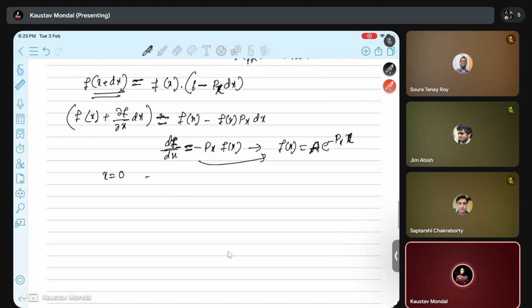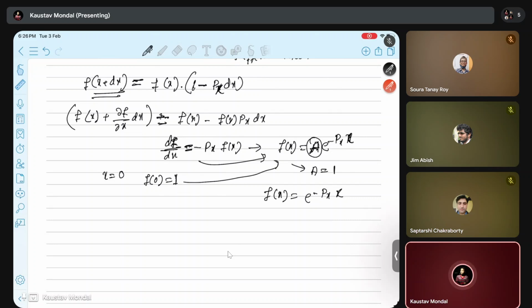So f(0) is 1 at x equal to 0. If you plug it in here, it gives this integration constant A equal to 1. So f(x) is e to the power minus P(x)x.